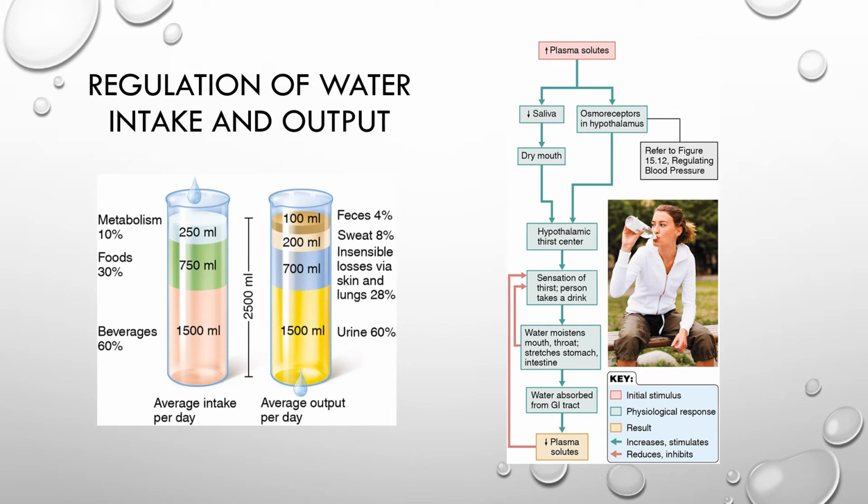So as we start at the top, those increased plasma solutes will lead to osmoreceptors in the hypothalamus being triggered, a decrease in saliva causing dry mouth, which will cause a thirst response. Makes us want to drink. So water moistens the throat, stretches the stomach, intestines, water is absorbed in the GI tract, and those plasma solutes will become lower in the plasma.